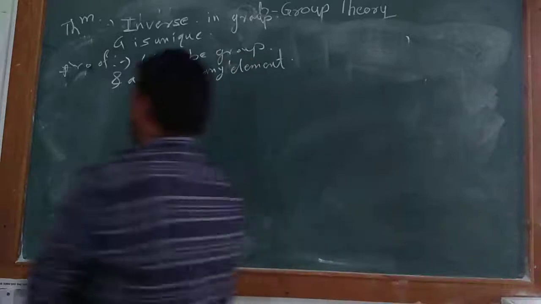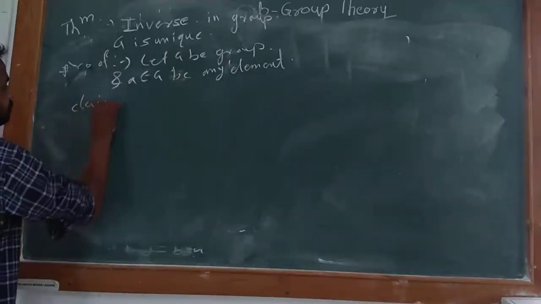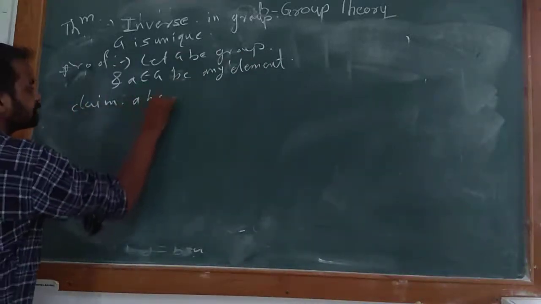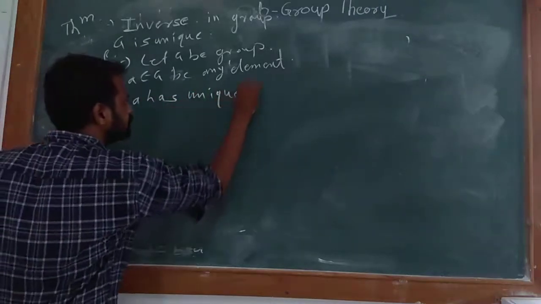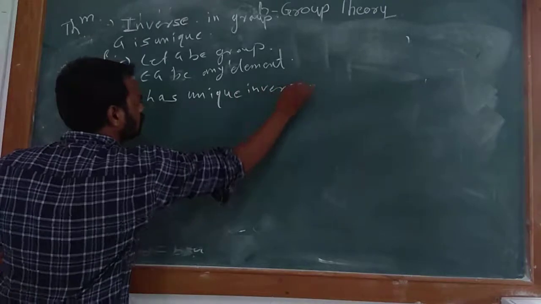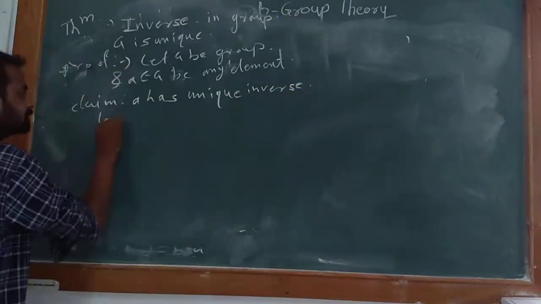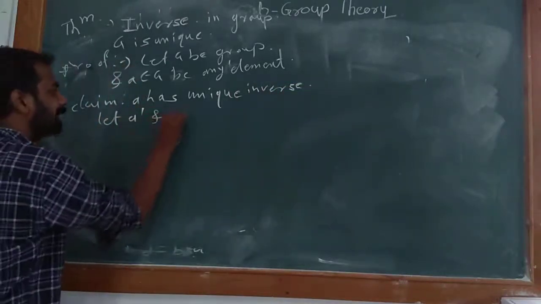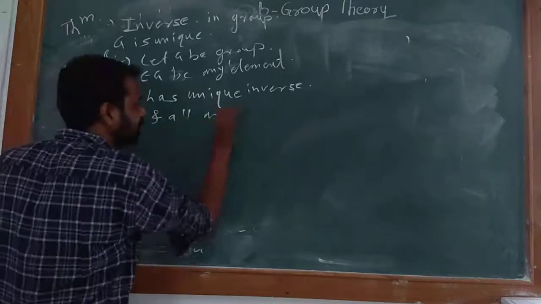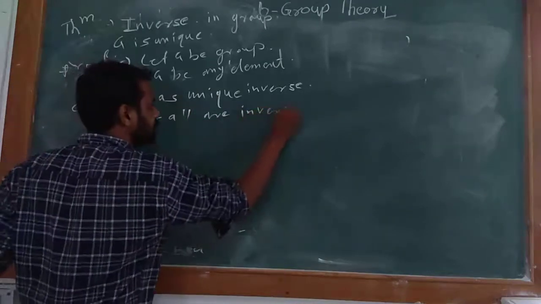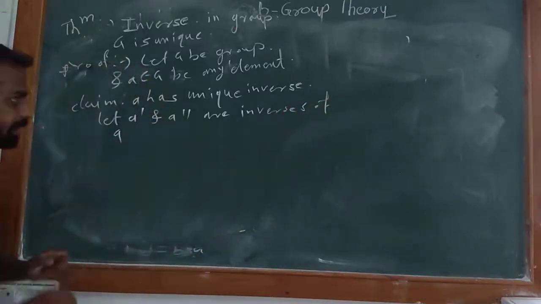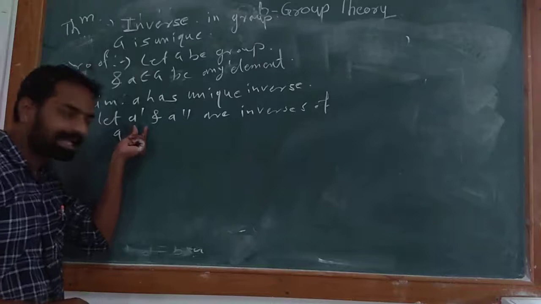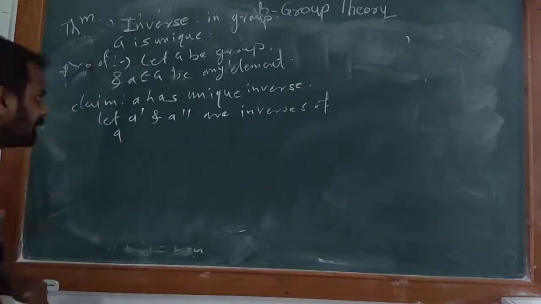So, claim: A has a unique inverse. Let A dash and A double dash be inverses of A, and we have to show that A dash is equal to A double dash.